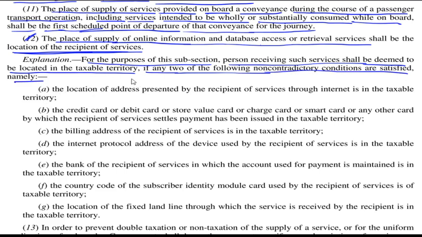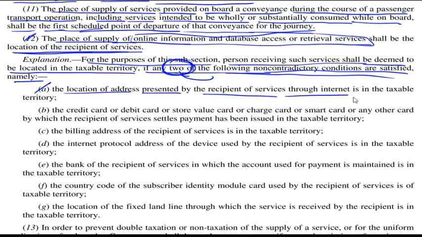So let's see what the non-contradictory conditions are. Condition A: the location of address presented by the recipient of service through internet is in the taxable territory.